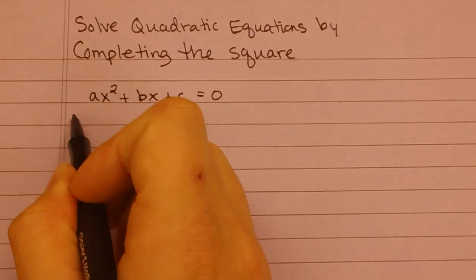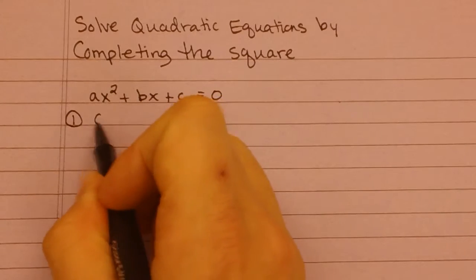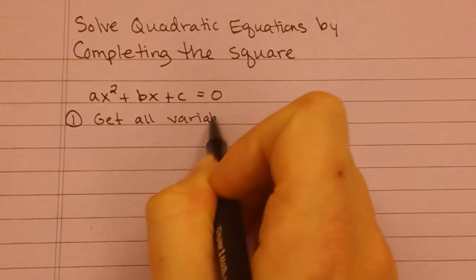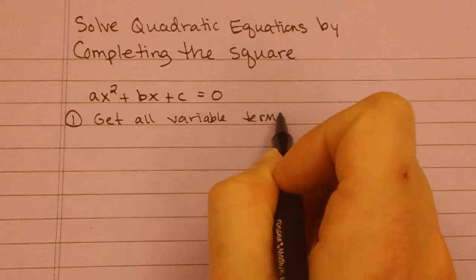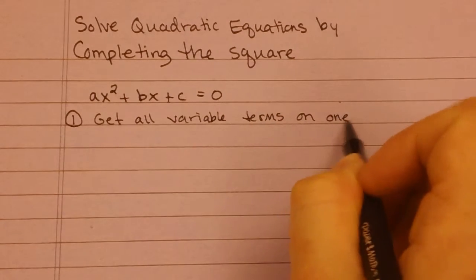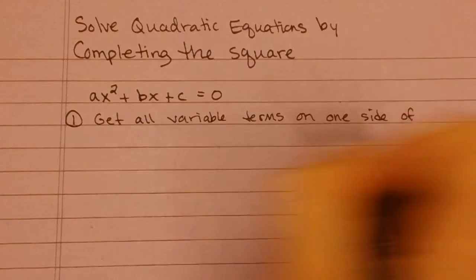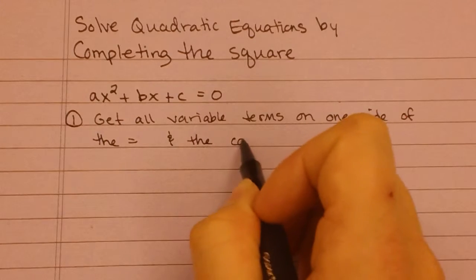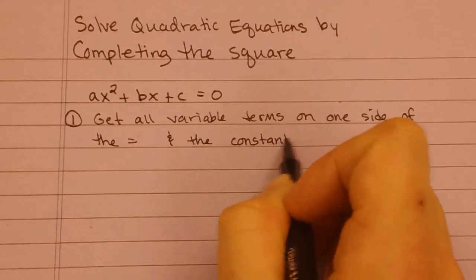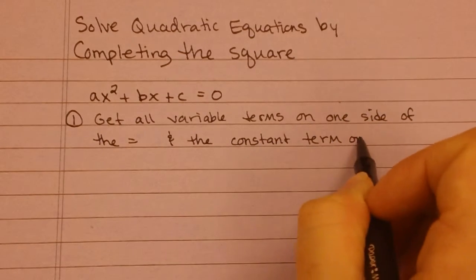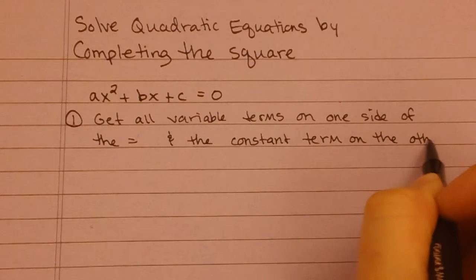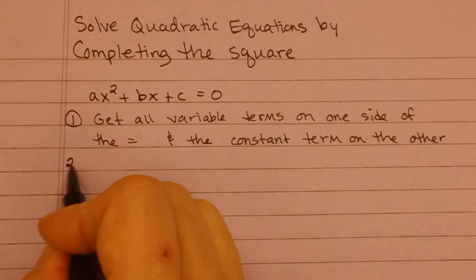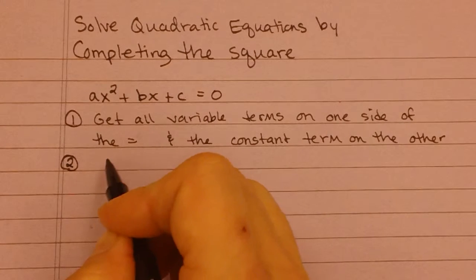So we would need to get all variable terms on one side, and the constant term on the other. After we do that, we're going to need to check to see if a is 1.